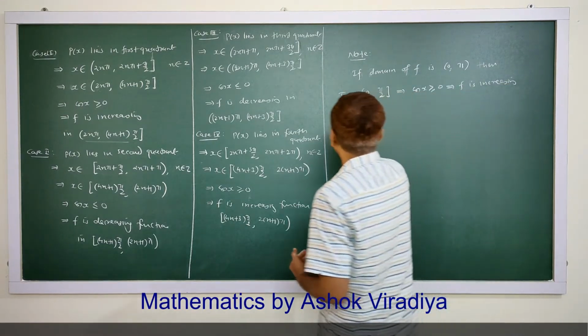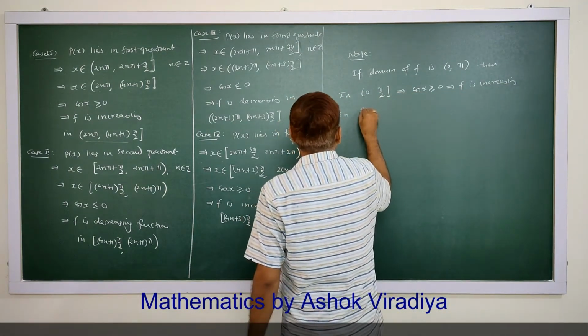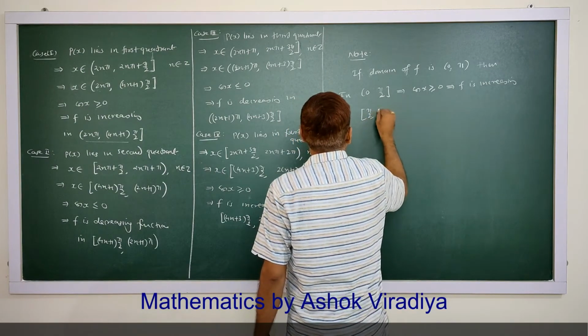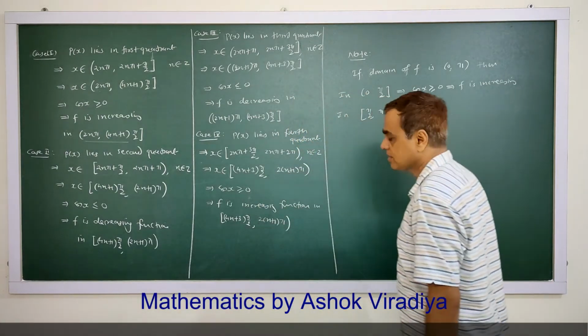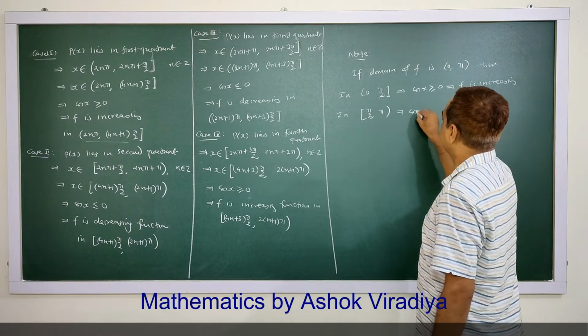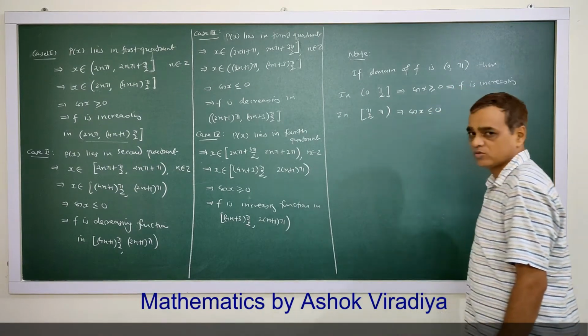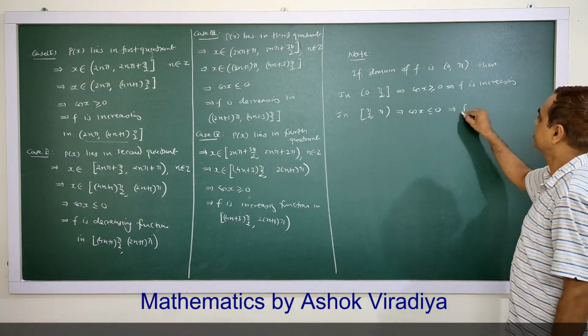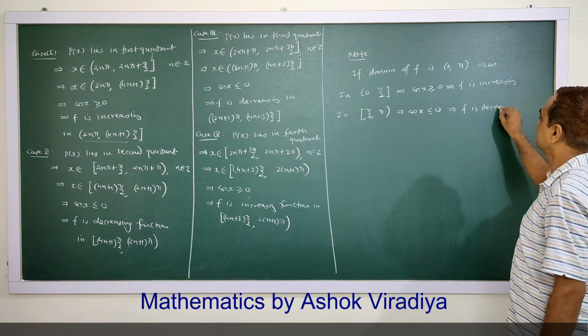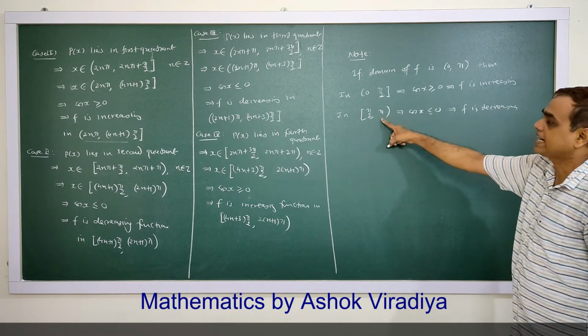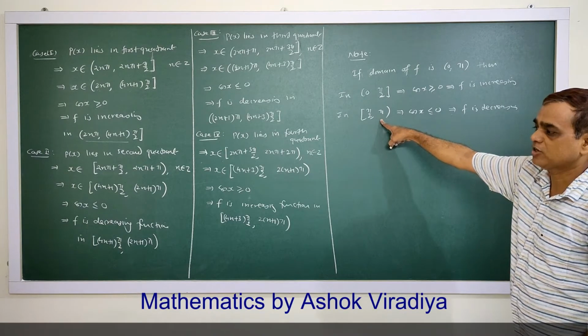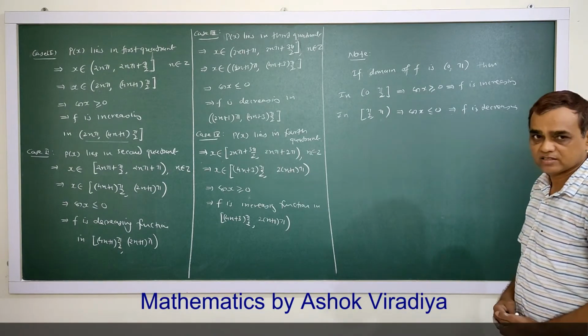And in pi by 2 to pi, here cos x is less than or equal to 0. So the function is decreasing. It covers the second quadrant. In the second quadrant, the function is decreasing.